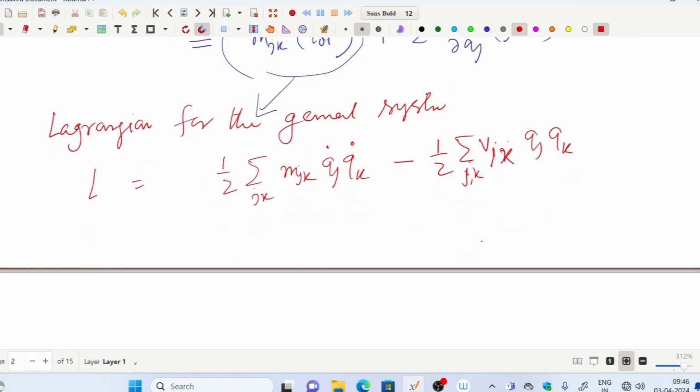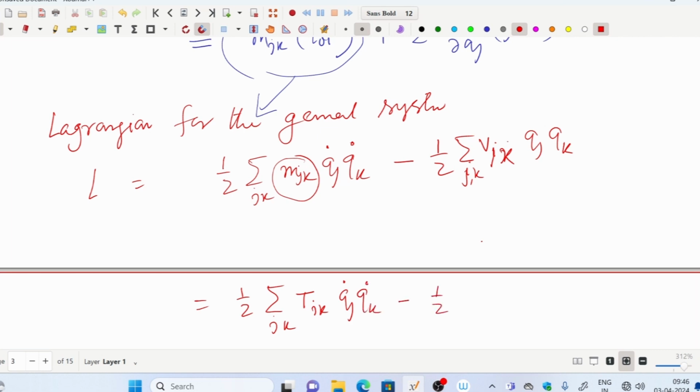To be consistent with my notes, let us denote this as Tjk. I just made a change of notation: L equals half sum over jk of Tjk qj dot qk dot, minus half sum over jk of Vjk qj qk. So this is our Lagrangian. Let us denote this as equation 2.